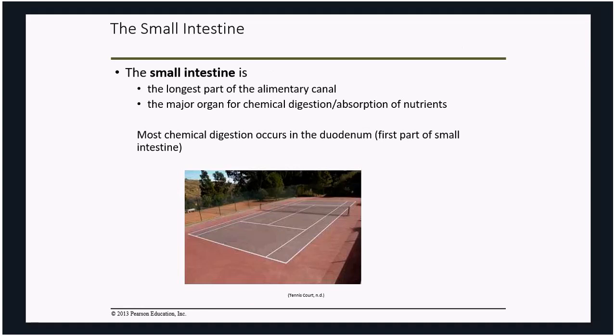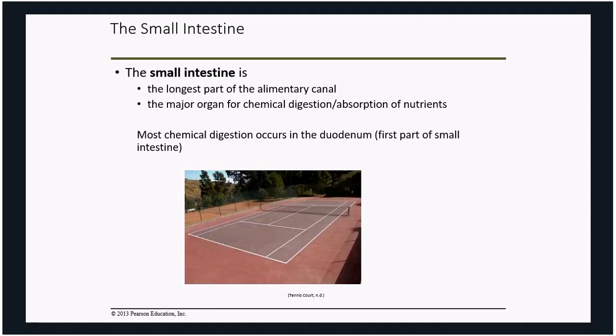Okay, on to the small intestine. So the small intestine is actually very long. It could be 20 feet or more, depending. It varies a little from person to person, but it's definitely the longest part of your alimentary canal. But it's only about 2.5 centimeters around, so that's why they call it the small intestine.